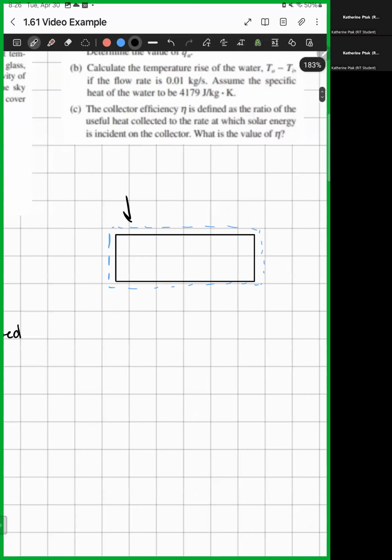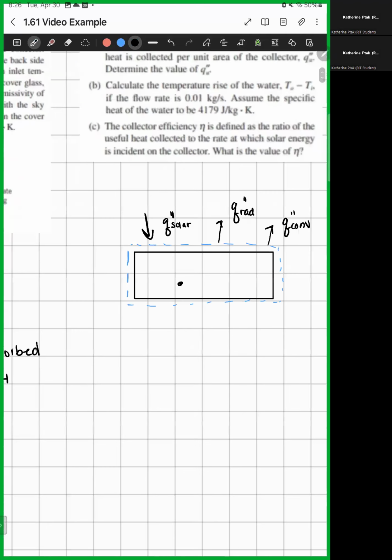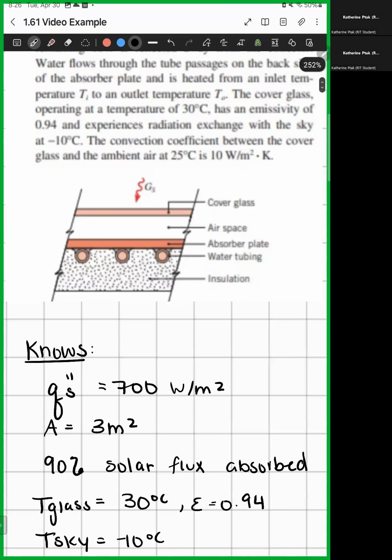We have Q solar coming in, Q radiation going out, and Q convection going out. I'm going to draw in the middle these little tubes of water. It's going into the tubes of water, is how I'm interpreting it.